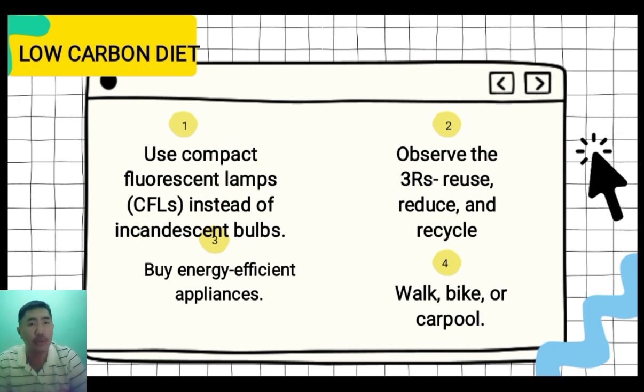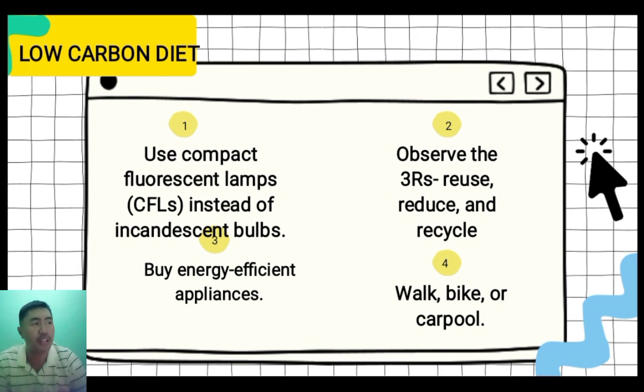You need to reuse things, reduce using things, and recycle things. By that, you can help our environment to recover or to lessen the effects of such factors affecting climate change.